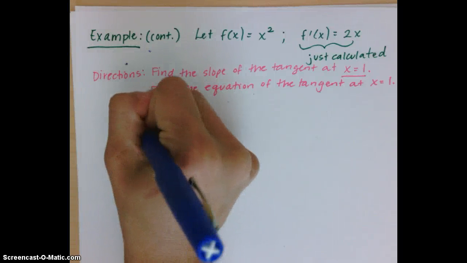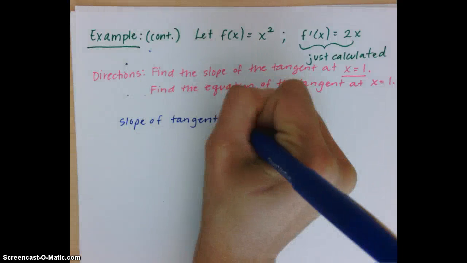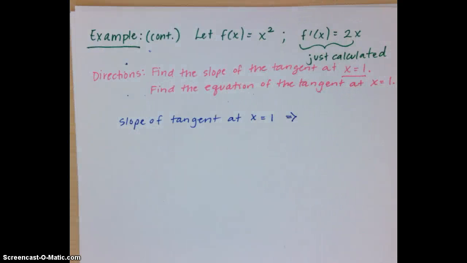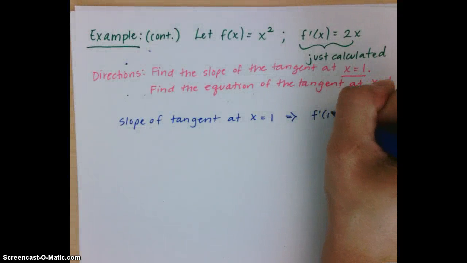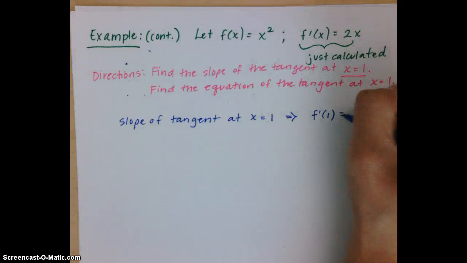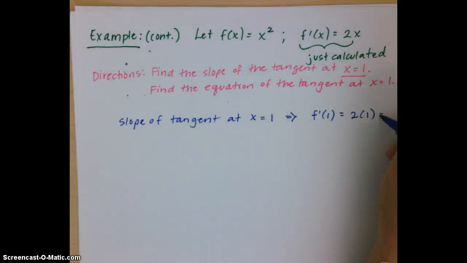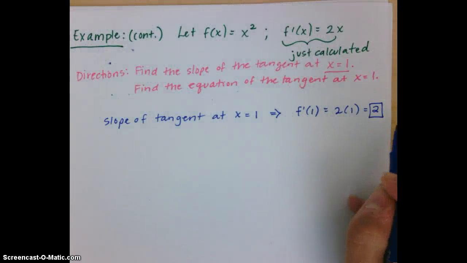So, again, the slope of the tangent line at x equals 1 can be found by doing f prime of x, or in other words, 2 times x, which gives us 2. So the slope of the tangent line at that specific point is going to be 2. If we change the x value, we're going to get a different slope.